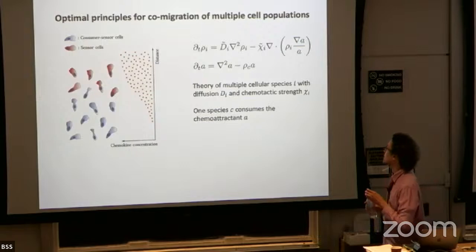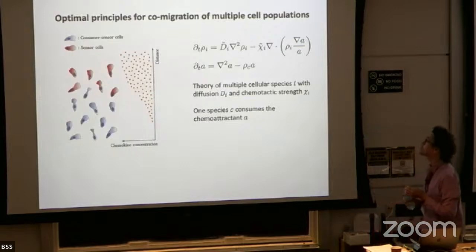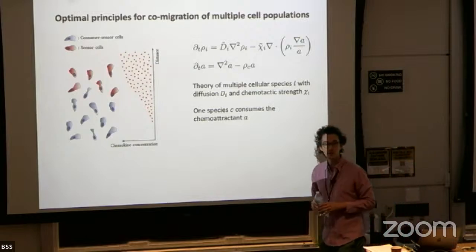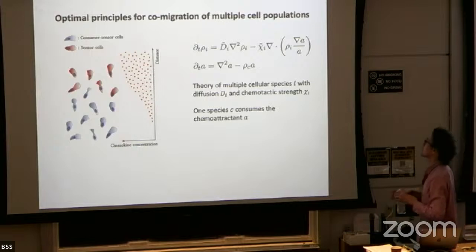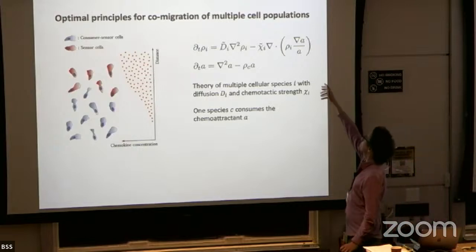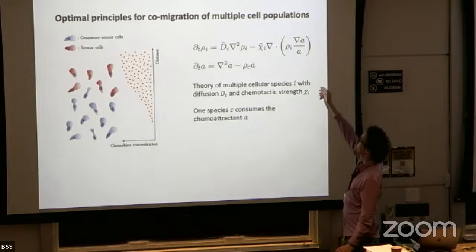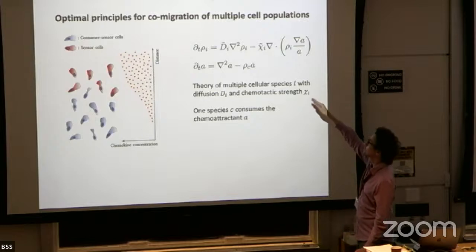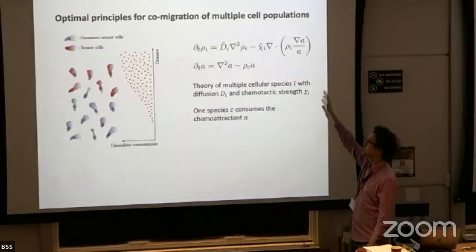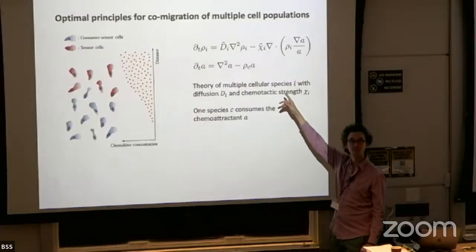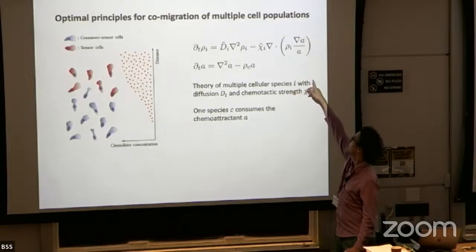So what do we write? I've introduced basically exactly this equation. It's essentially a multi-component version, and we've done a number of theoretical variations of this, but I'll only show one, where you recognize the equation from what I wrote, right? There are different populations of cells, I. For each population, you write an equation for its density rho_i, with a diffusive term and an advective term.